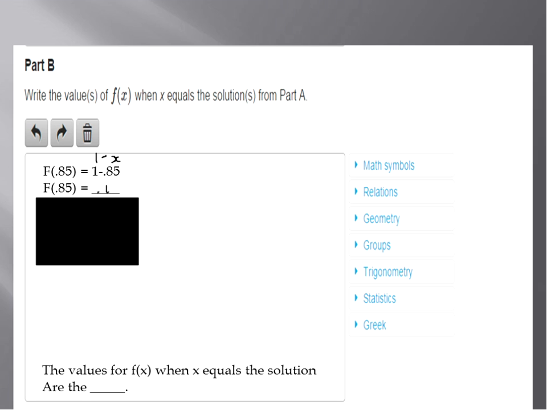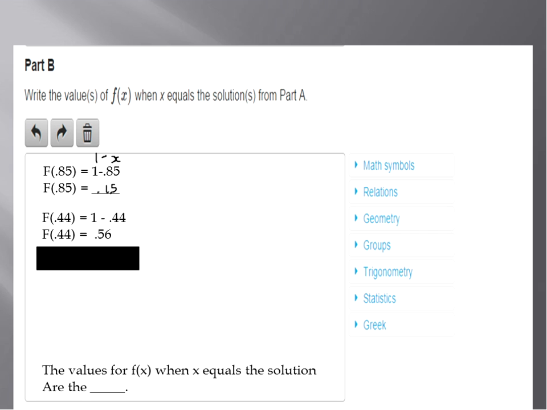Does this look familiar? Now let's go ahead and do the same thing for our second solution for x, point B. X coordinate was 0.44, so substitute 0.44 into our equation for x. 1 minus 0.44 is equal to 0.56. So you can see that substituting these values, our x values, gives us our corresponding y values.